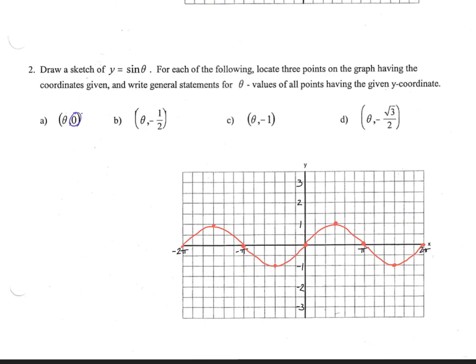So A. Well, there's a value of 0, there's a value of 0, 0, 0, and 0. All 5 of those points have a value of A. What I could then do is keep progressing, and now if I was to look at B, I need all my values that have a negative 1/2. Well, there's a negative 1/2, so is there, and so on.